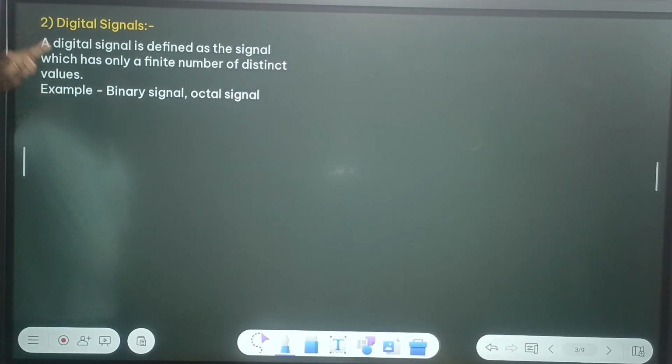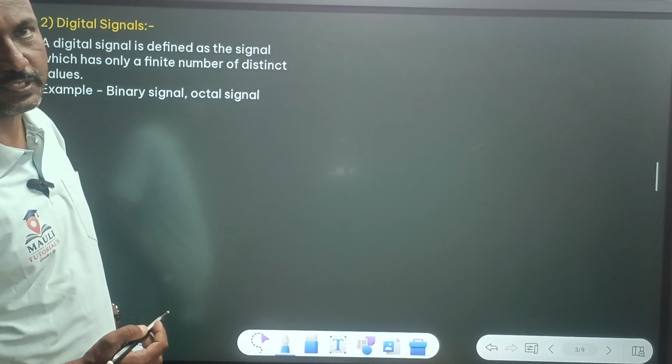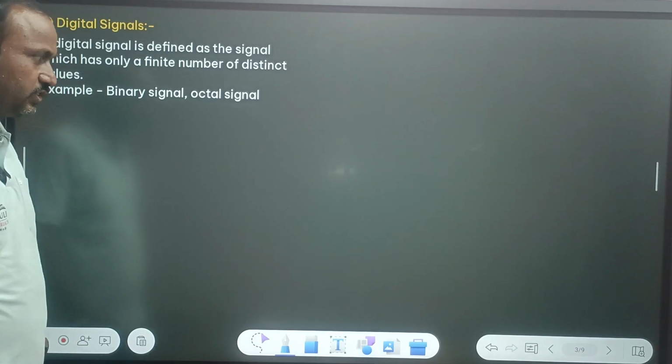Examples of the digital signal are binary signal, octal signal, decimal or hexadecimal signal.